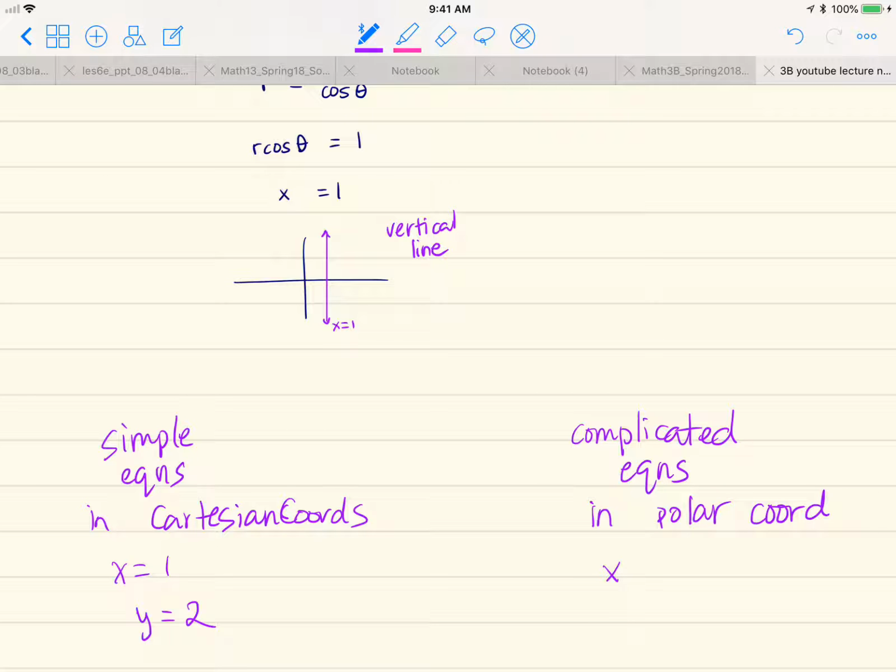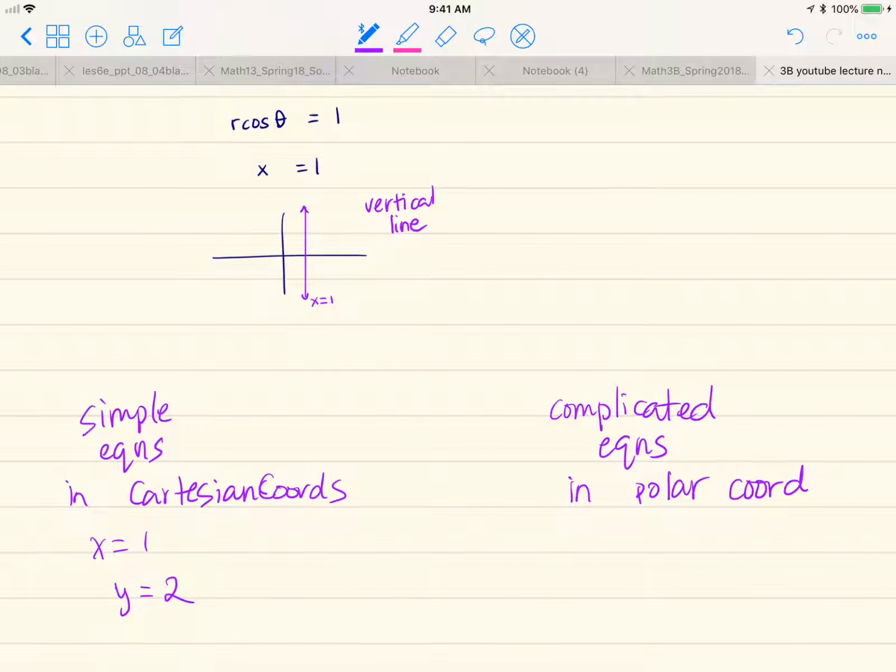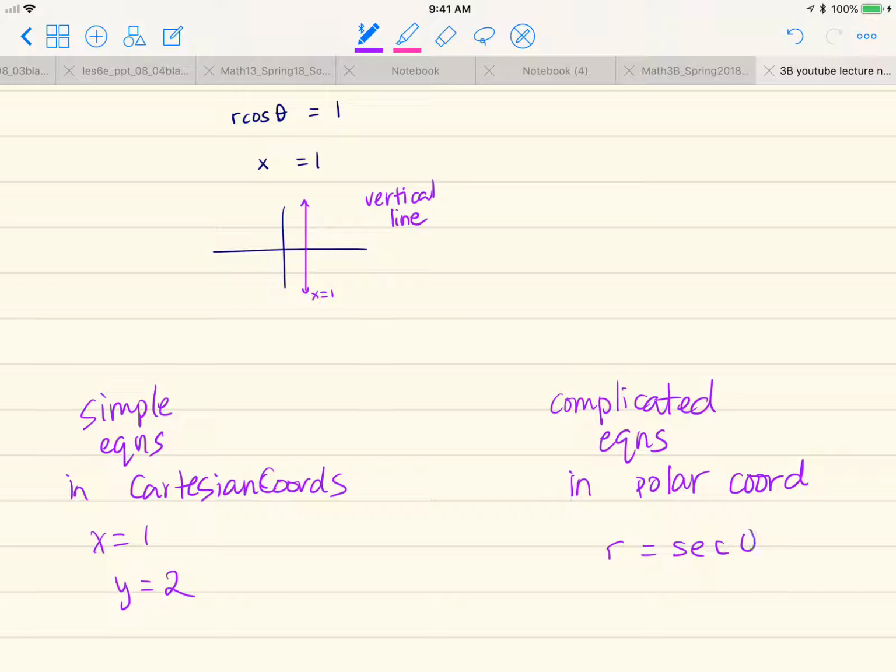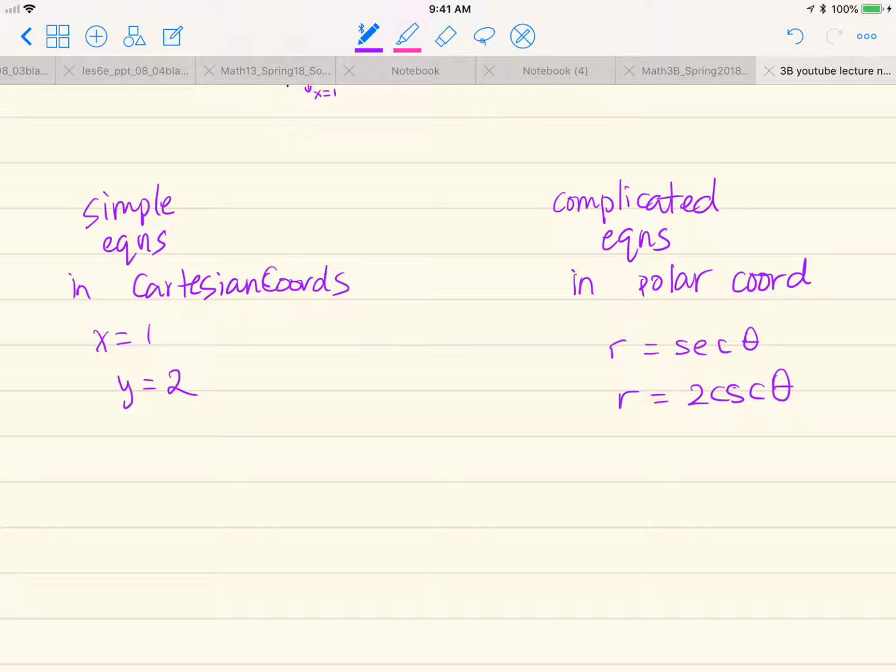You've got to use secant and cosecant, so it'd be r equals secant theta, r equals 2 cosecant theta. But on the flip side, what's simple in polar coordinates, like theta equals pi over 4, r equals 6, can be complicated Cartesian stuff.